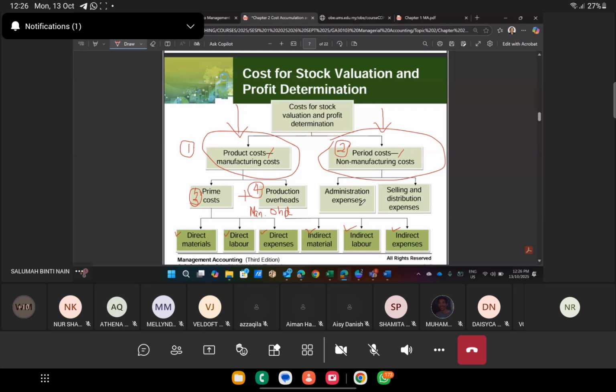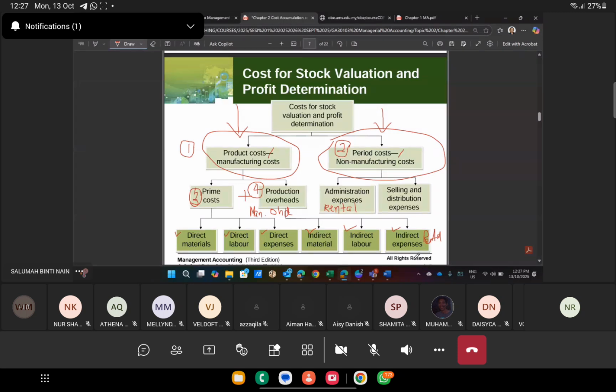What are examples of administrative expenses? Rental of the office. Rental of the office, that is administrative expenses. Rental for the manufacturing will fall into MO.